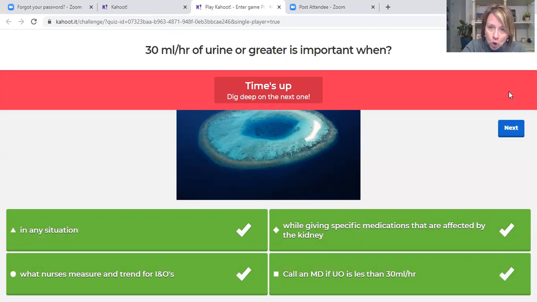You want to make sure they're having that urinary output before you start giving medications that affect the renal function, affect kidneys. So we want to make sure if I'm giving something that I know is going to affect or be affected by levels in the body, by the kidney, the renals. If my kidneys aren't functioning, I can't be pouring in something to a patient, can I?